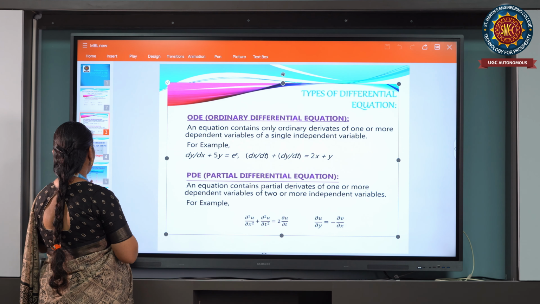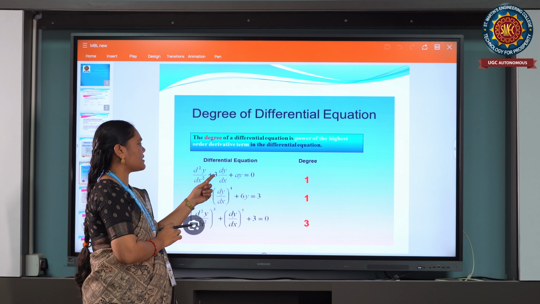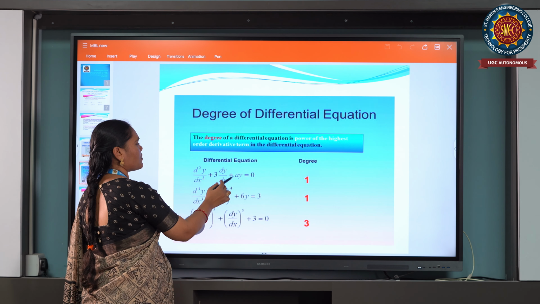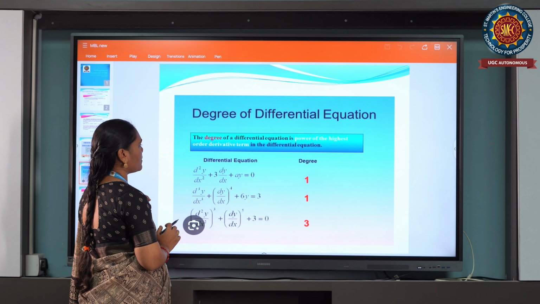Next, we have to find the degree. Degree is the most important point. How can we find the degree of a differential equation? d²y/dx² + 3 dy/dx + ay = 0.